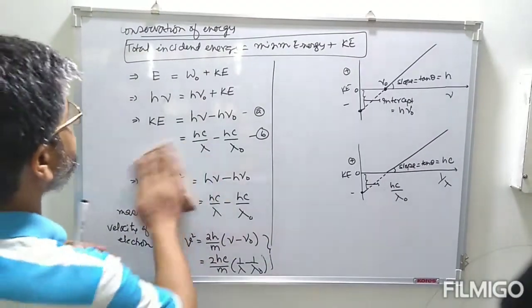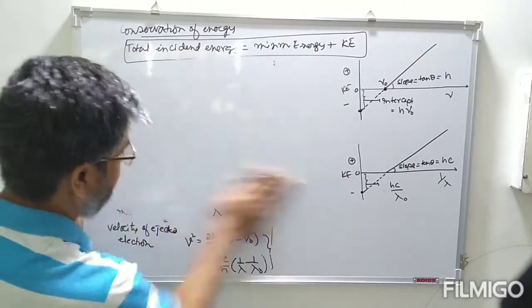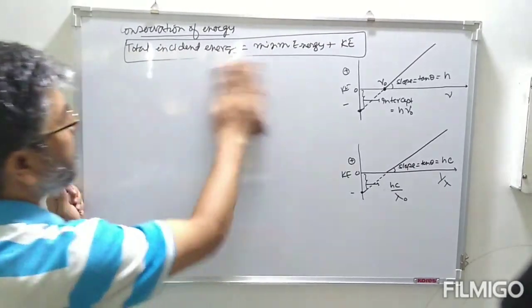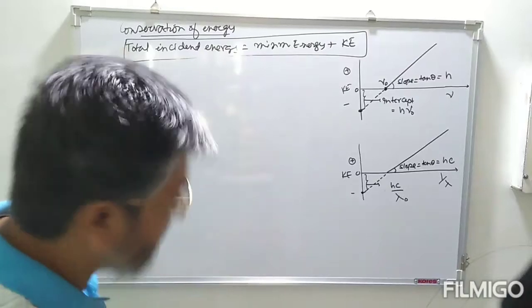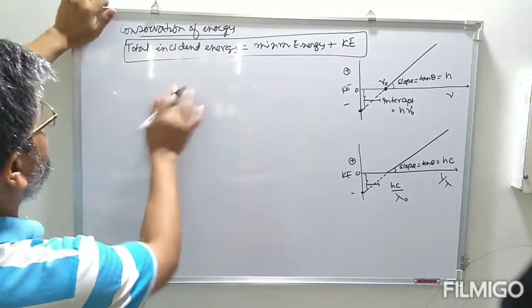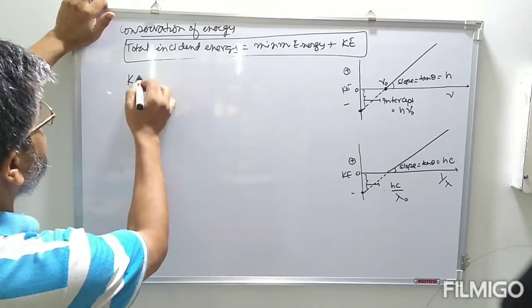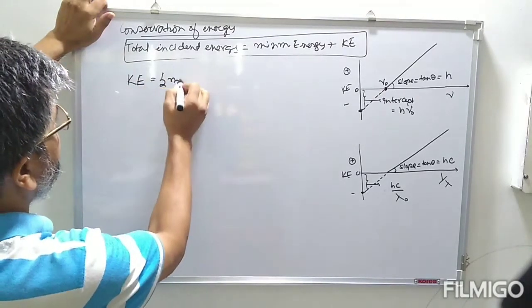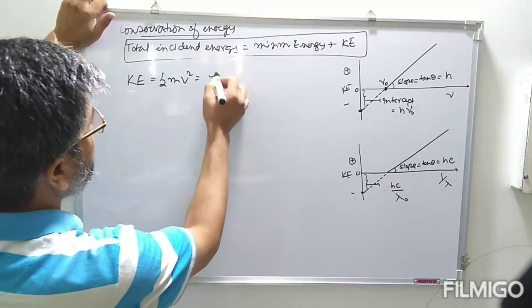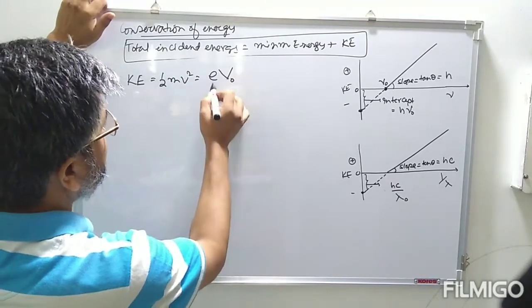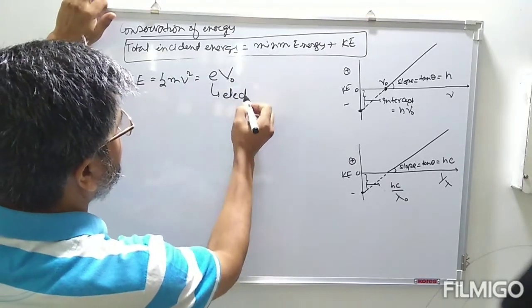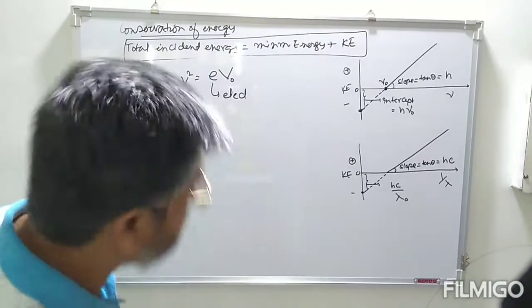So based on this, kinetic energy, that is half mv square, is equal to e into V naught, where e is the charge of electron.